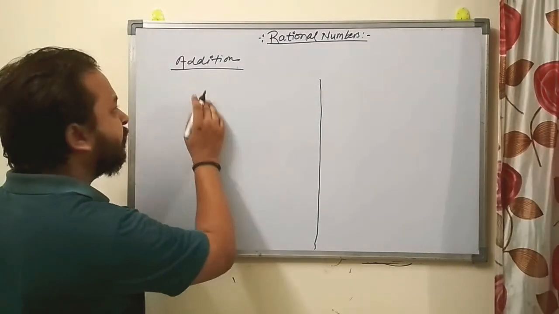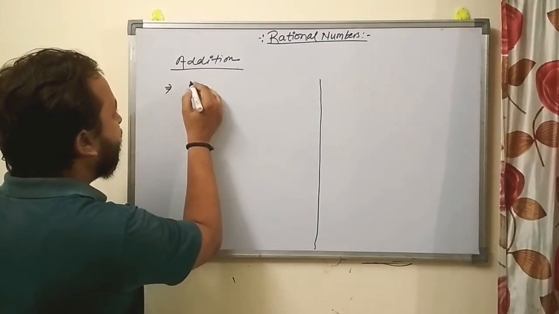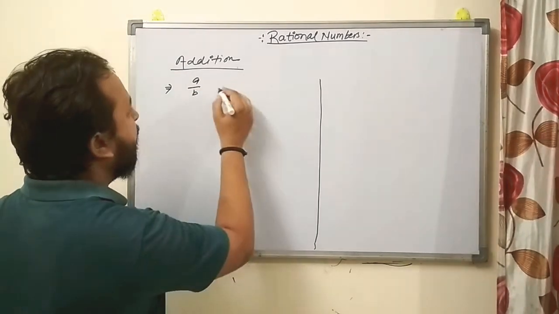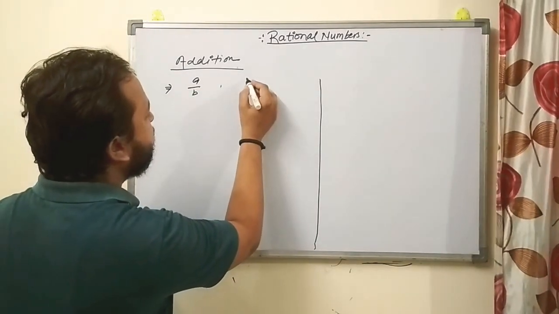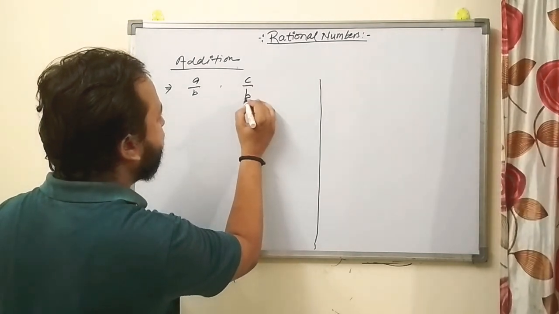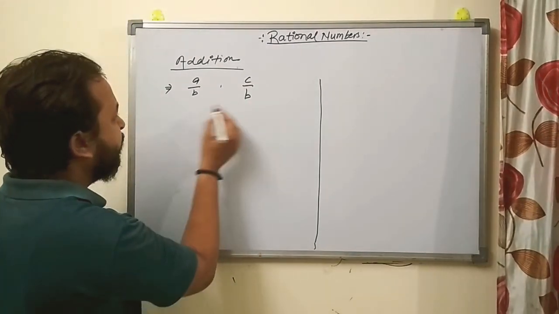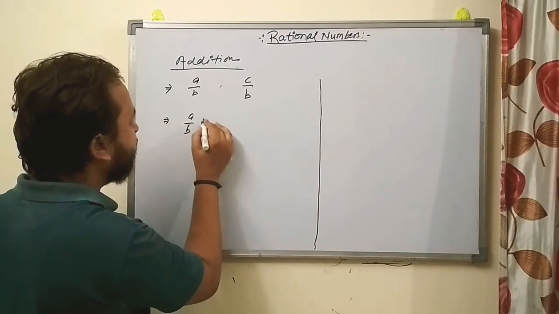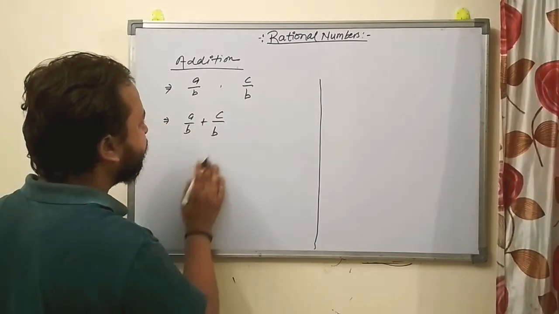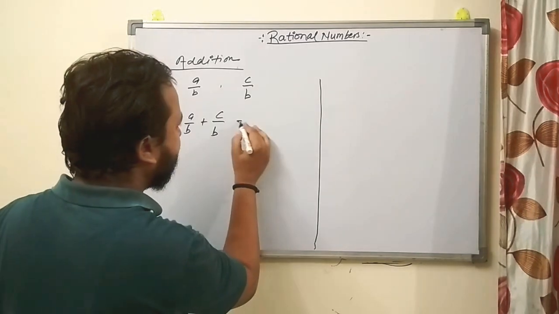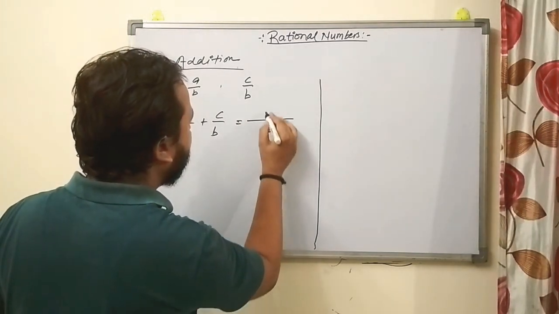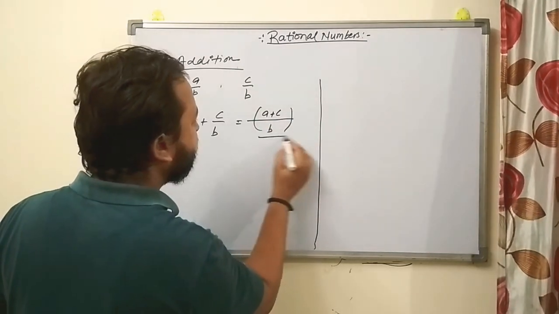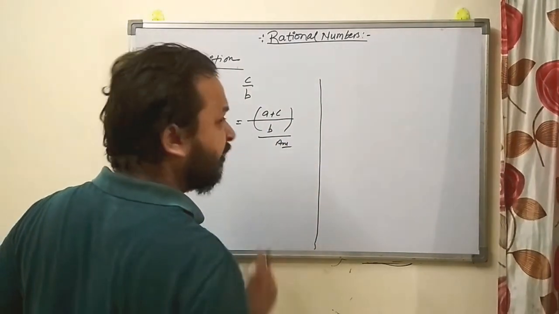So suppose a rational number is given by a by b, and another rational number is c by b, and we have to add this, means a by b plus c by b. Denominators are same, so we just add the numerators, and this is our answer, right?